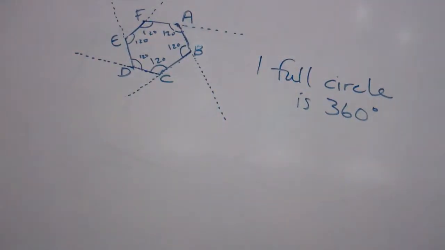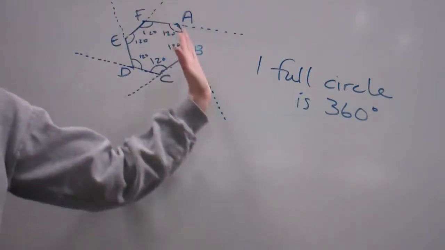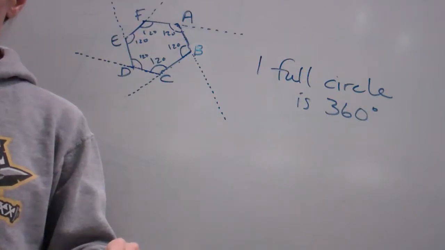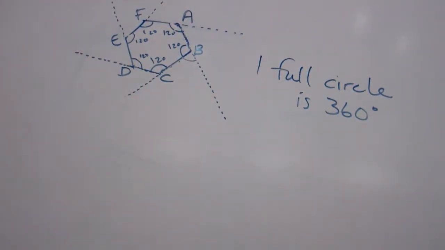Okay, and what you get is this cool looking star, almost like something you'd see on some kind of ninja show. It's like spinning. Looks kind of cool. But what I want you to see is, what did I actually make just by going straight? I made exterior angles. Does everybody see? Yeah. That's an angle.